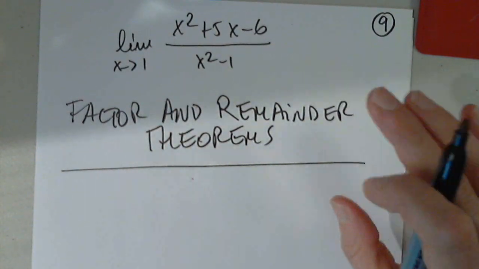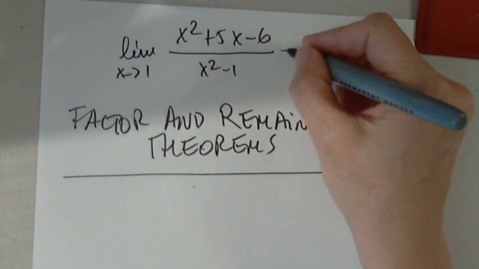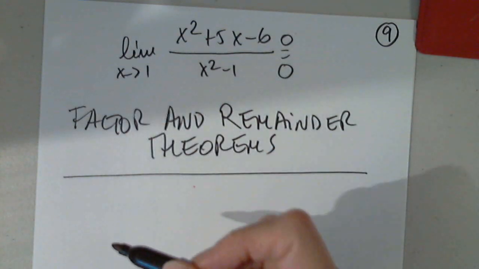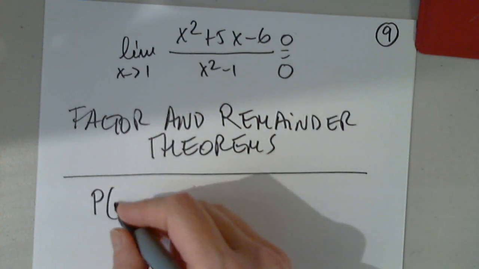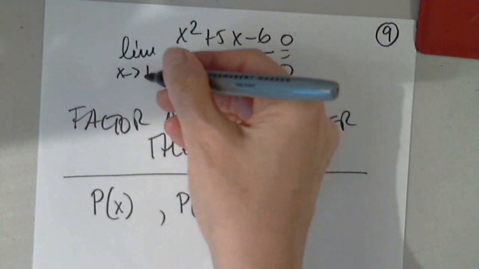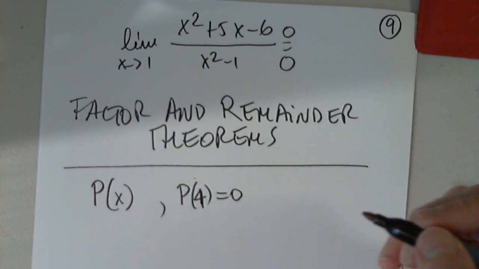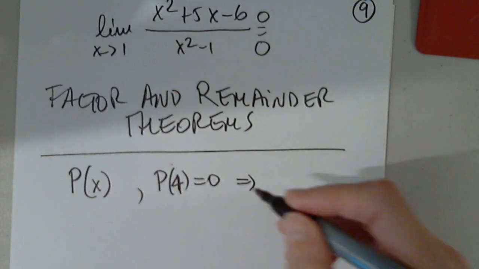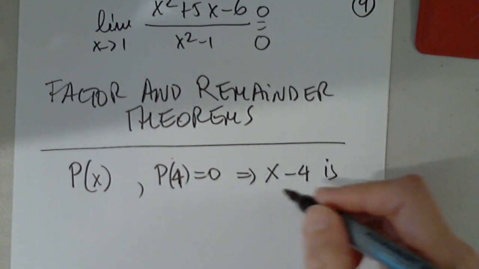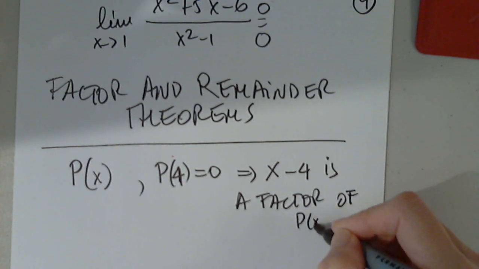Why I'm presenting this in short to you is because I would like you to understand what really happens here. Every time I get 0 over 0 when I plug in a number, so if I have p of x, and I plug in, for example, 4, and I get 0, what this means is that x minus 4 is a factor of p of x.